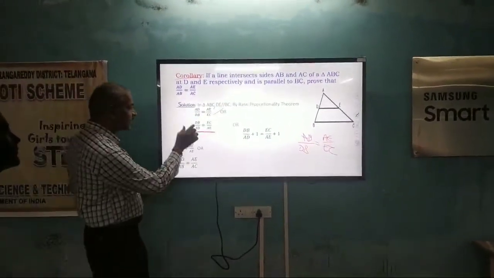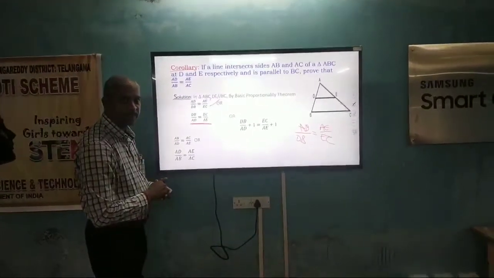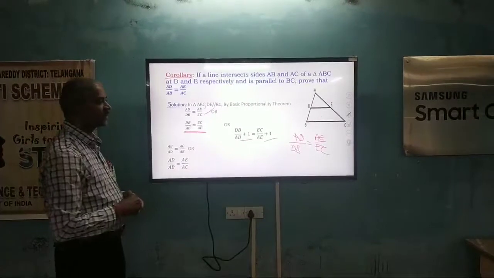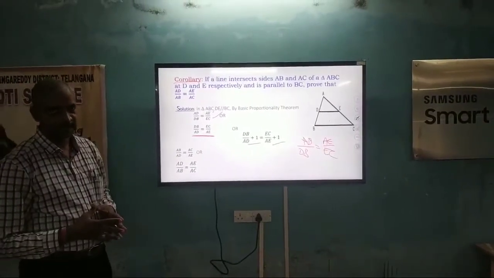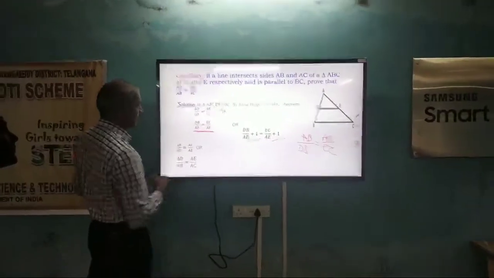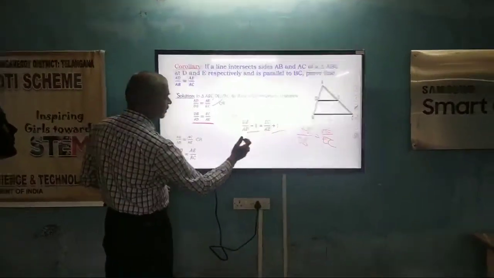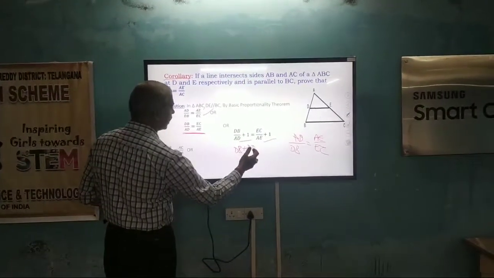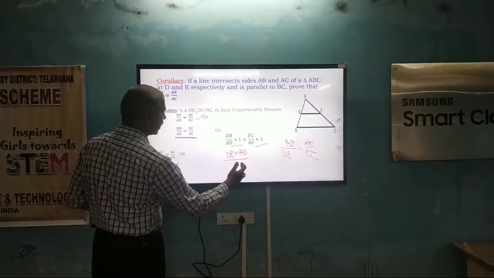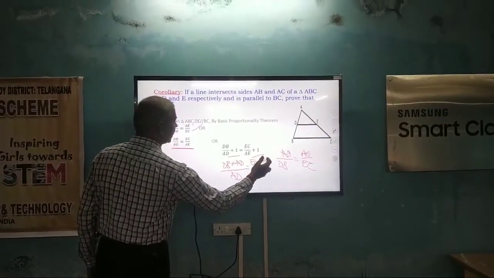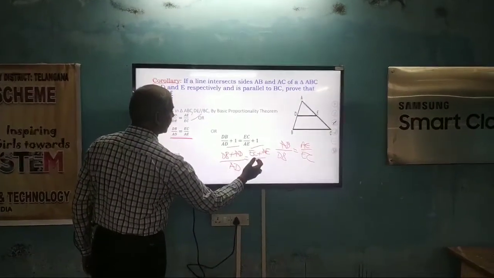Now for these fractions, let us add 1 on both sides. If we take LCM, AD will be the LCM, and we get DB plus AD by AD, and here we get EC plus AE by AE.